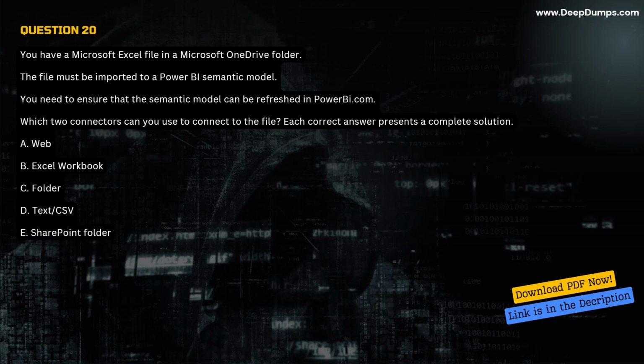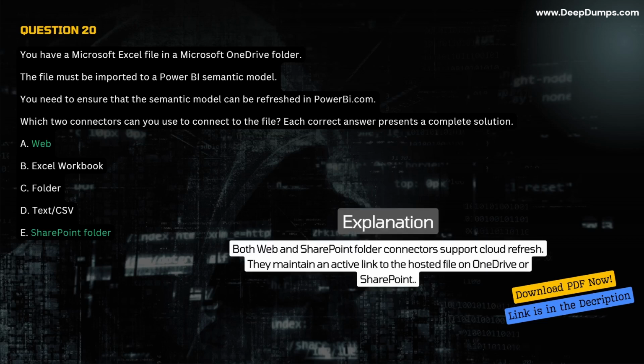A. Web. B. Excel Workbook. C. Folder. D. Text/CSV. E. SharePoint folder. Correct answer is A and E. Explanation. Both Web and SharePoint folder connectors support cloud refresh. They maintain an active link to the hosted file on OneDrive or SharePoint.